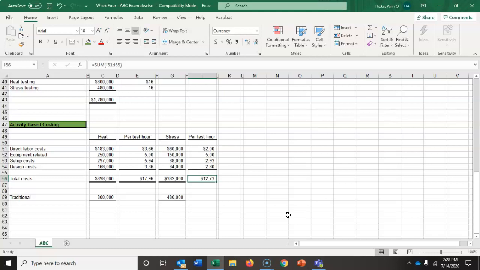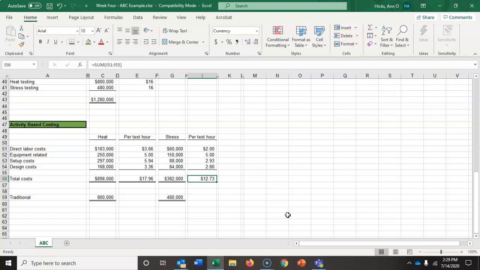And two things can happen. One is, because we're undercharging for the heat test, that's going to have a negative impact on our profitability, of course. Two is because we're overcharging for the stress test, that may actually impact the amount of sales that we make.